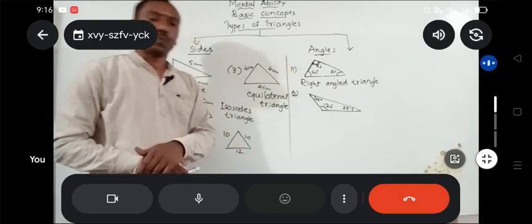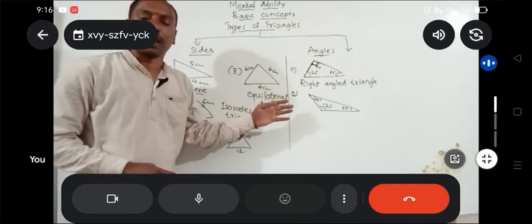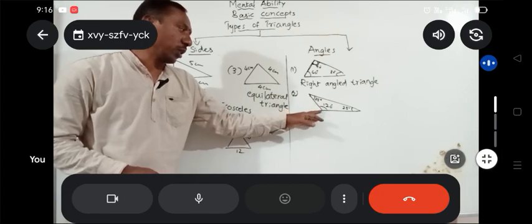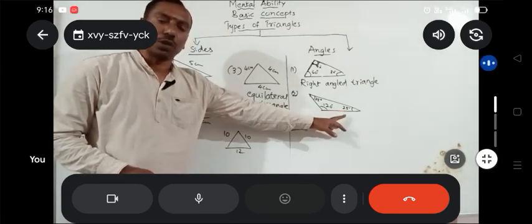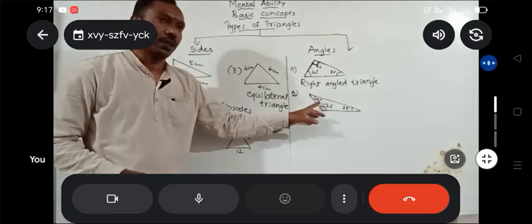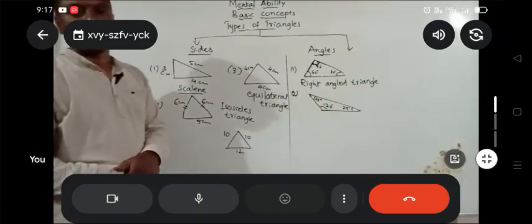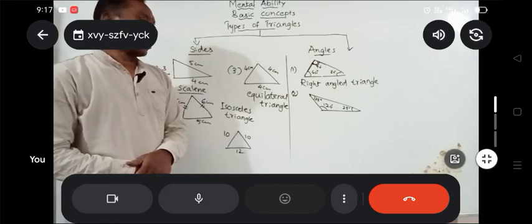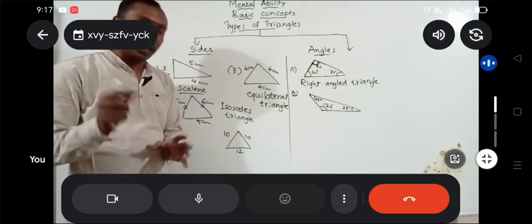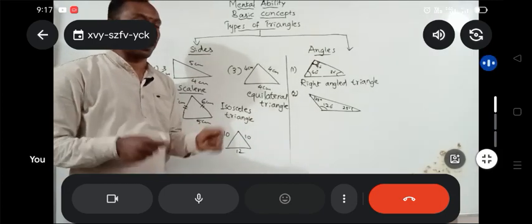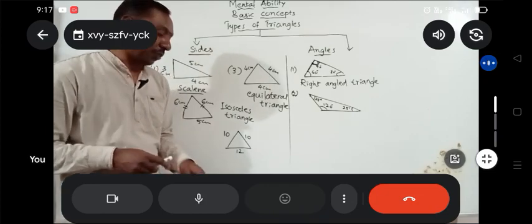I have mentioned the measurement of angles as 120 plus 25, 145, plus 35, 180, totally 180 degrees. Now, I would like to ask one by one, because in the previous class I have introduced the types of angles.